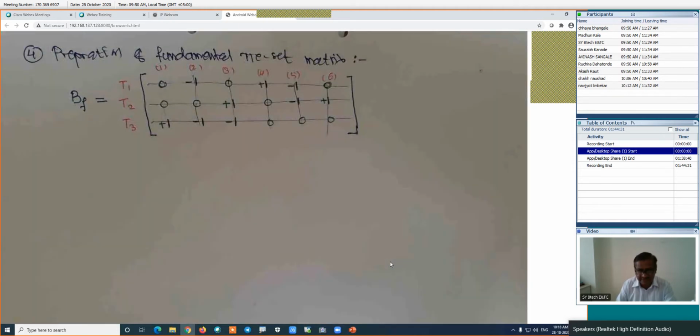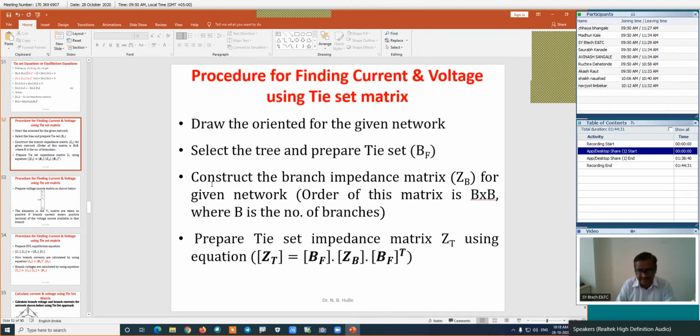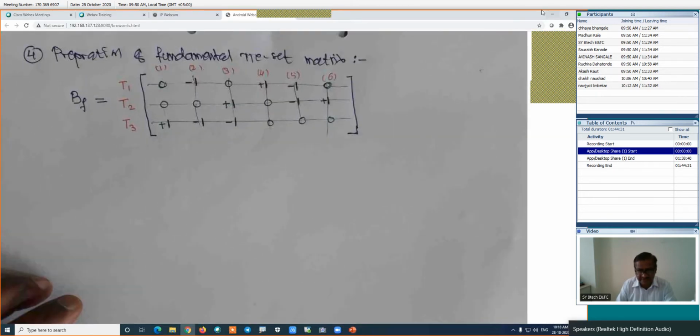I will show the step number, and I will come back to this figure. Here, look at this. Select the tree and prepare the Triset and the Triset matrix. Construct the branch impedance matrix ZB. Now, in this case, we are planning for the preparation of the impedance matrix, which is ZB.